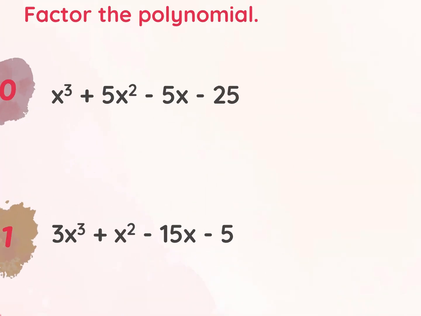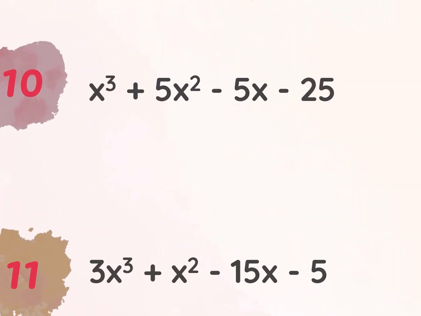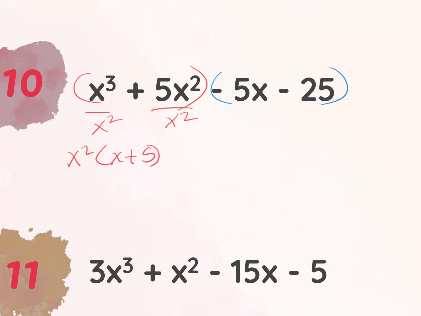All right, next one. Again, I'm going to make a red group and a blue group. So from my red group, it's going to be x cubed again. Divide it, x plus 5. GCF of blue. Now, again, as soon as I see that these are both negative, that's going to be a clue that I'm going to be pulling out a negative GCF.